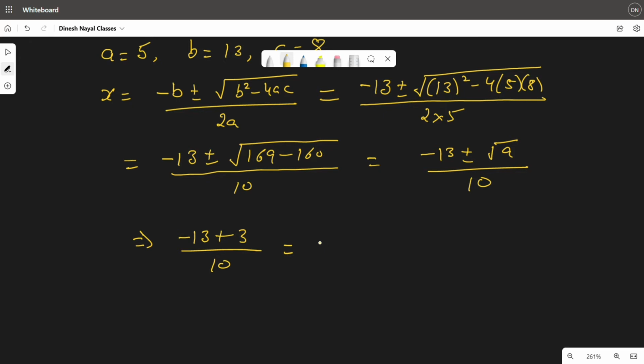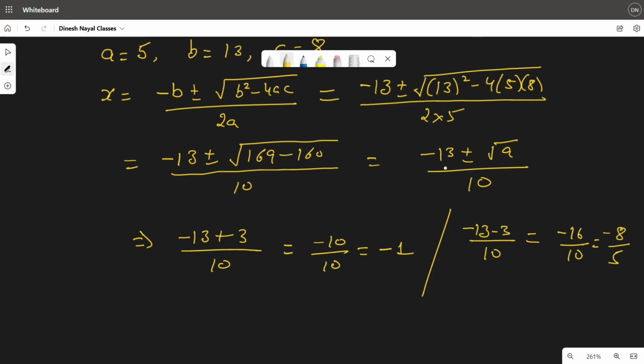So this gives minus 10 by 10, which is equal to minus 1. And the other is minus 13 minus 3 by 10, which is minus 16 by 10, which equals minus 8 by 5. So minus 1 and minus 8 by 5 are the roots of the given equation.